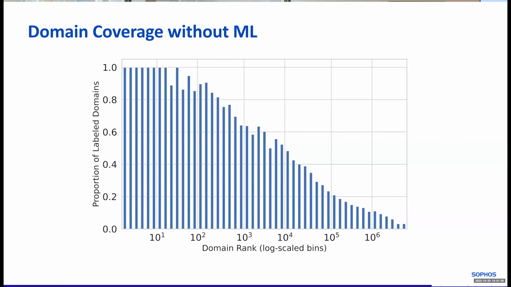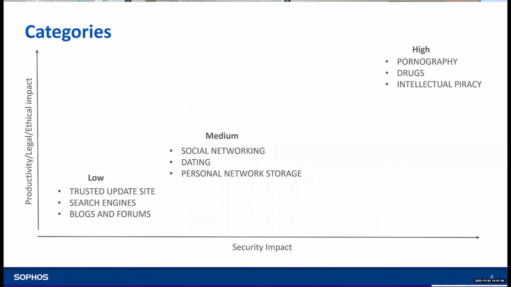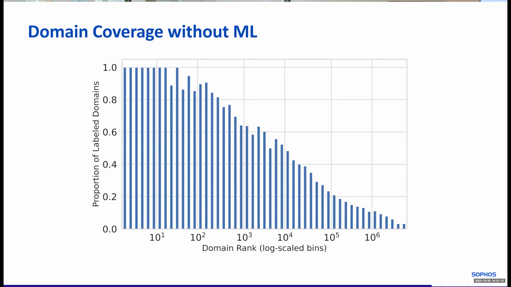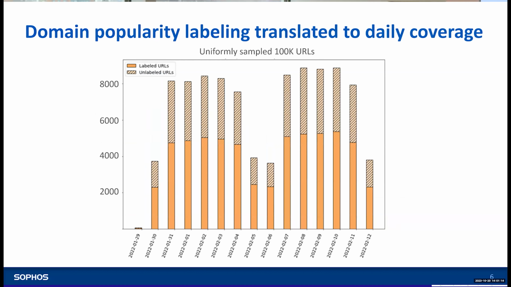Now the question is, how bad is this long tail issue? This is a uniformly sampled 100K URLs from our daily telemetry, broken down daily. So on the x-axis, we have days. On the y-axis, we have number of URLs looked up for that day's sample. And each bar has two colors.